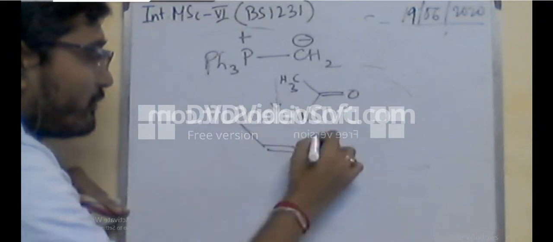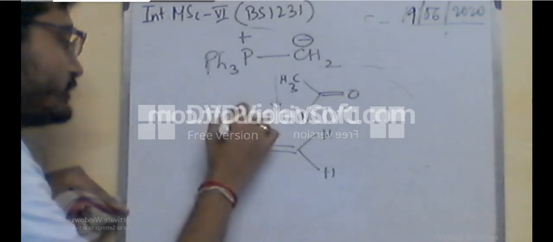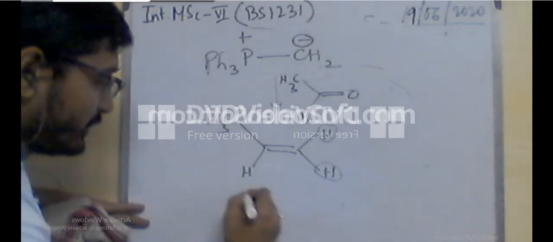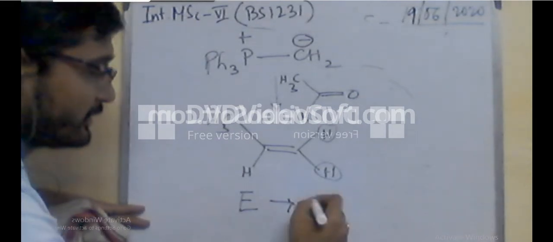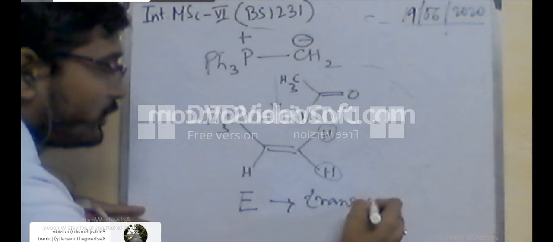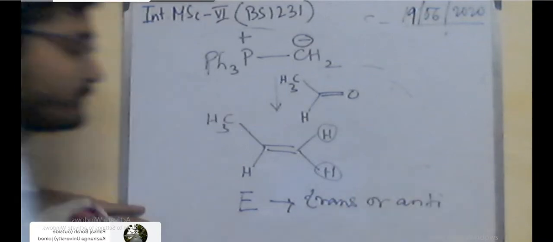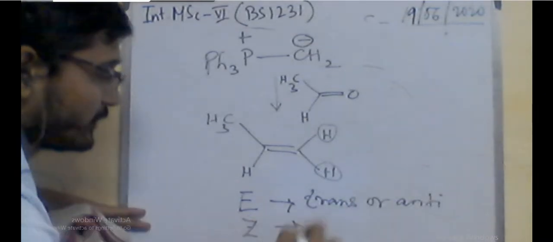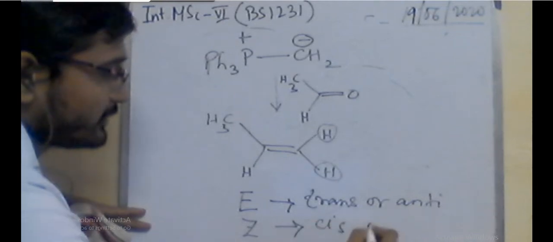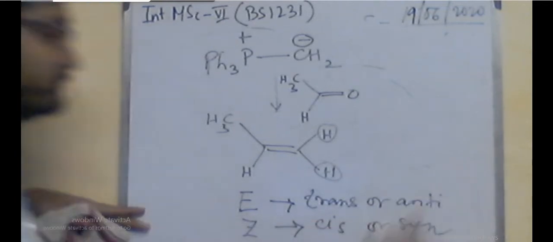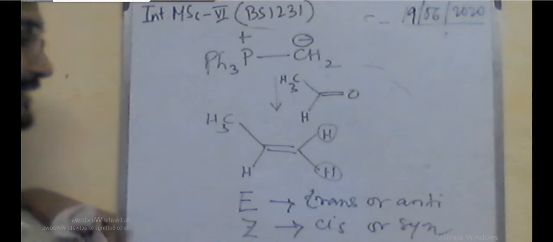You know, E means trans or anti, and Z means cis or syn. So when the cis and trans, or E and Z, alkene appears, this question will appear when the ylide is a stabilized ylide and there is a substituent present.